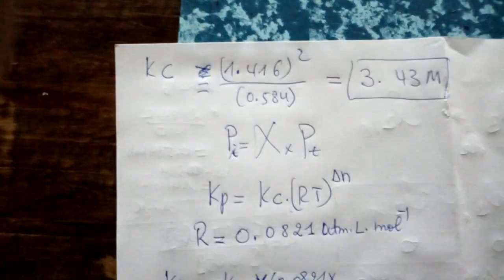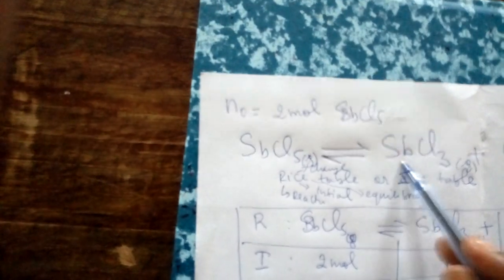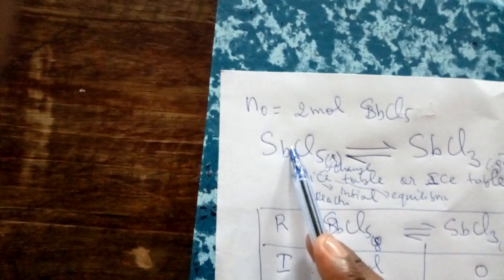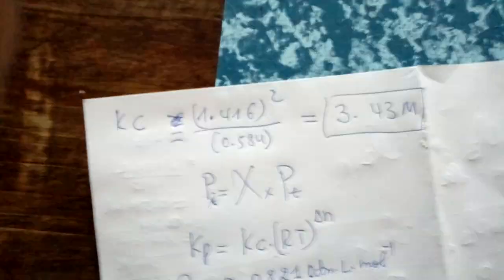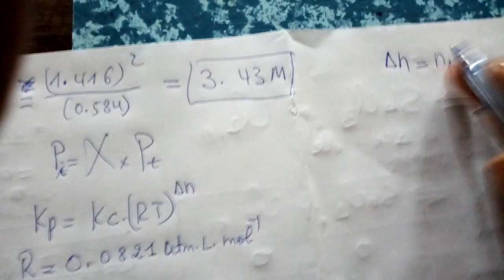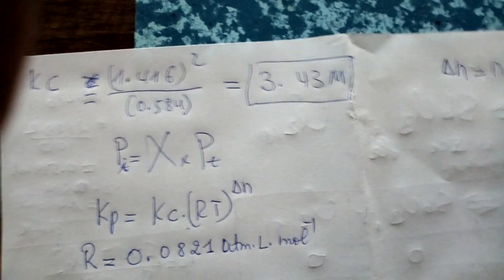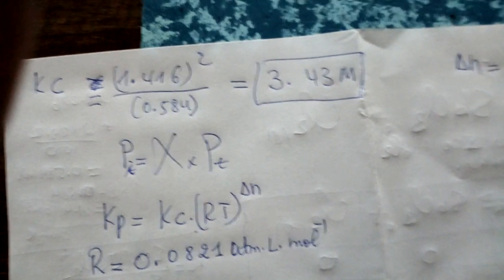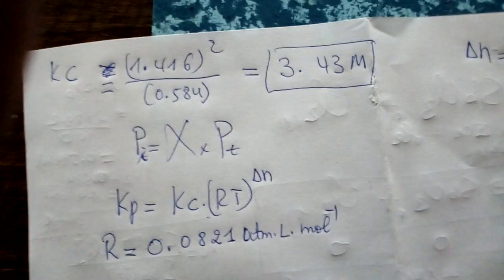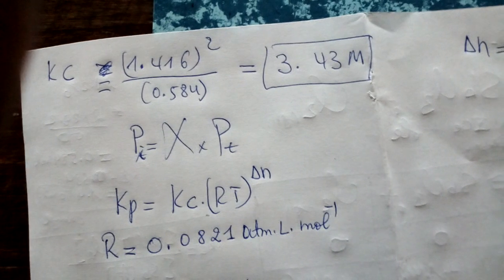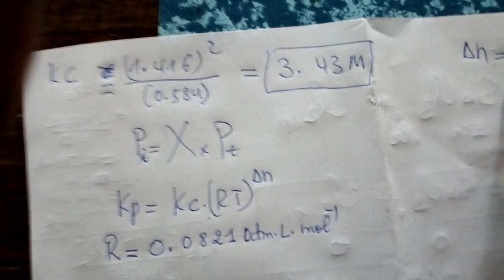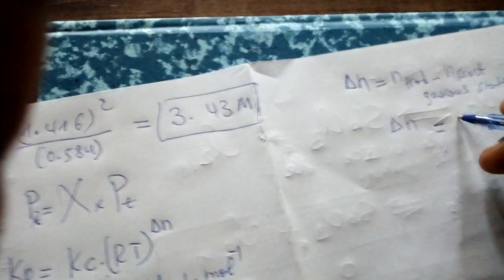Delta n is equal to 2 minus 1, equal to 1.